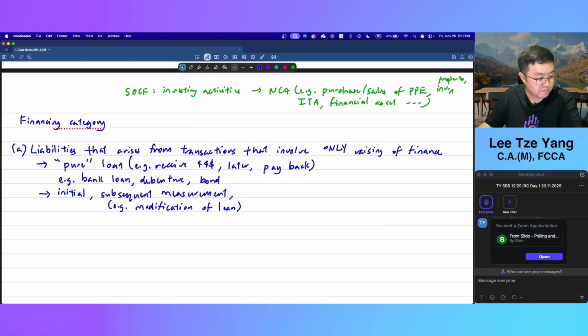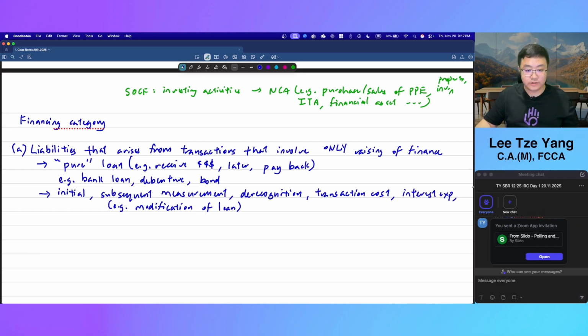What else? Derecognition. All these will be under financing category. Transaction cost, if you expense it off to the SOPL on this kind of liability. Interest expense, like if you pay the bank loan, interest expense.